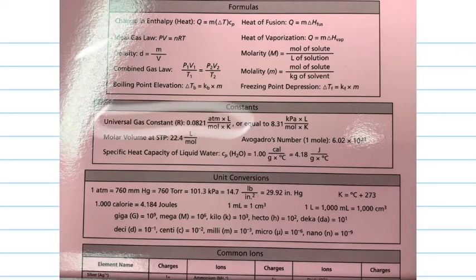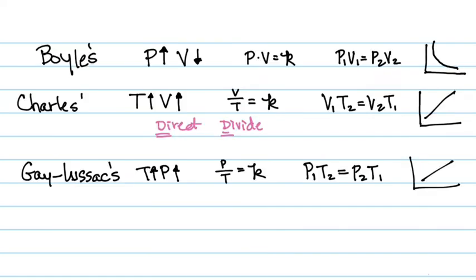So you have 2 different versions of the universal gas constant with 2 different sets of units. We will get to both of those in section 3. And as I'm looking, it looks like that's pretty much it for our gases as far as information that you're going to have that you can work with. So again, Kelvin temperature.